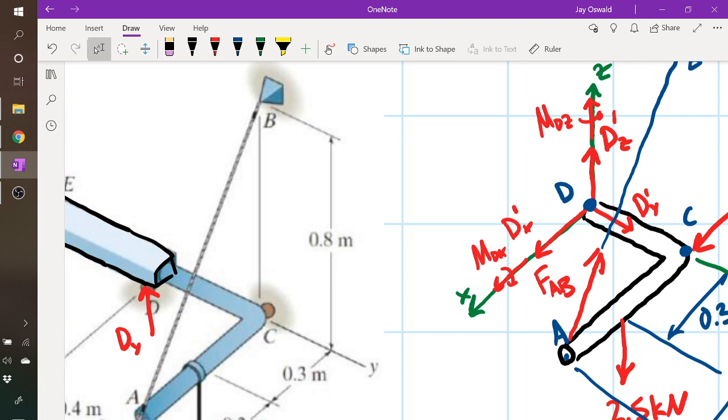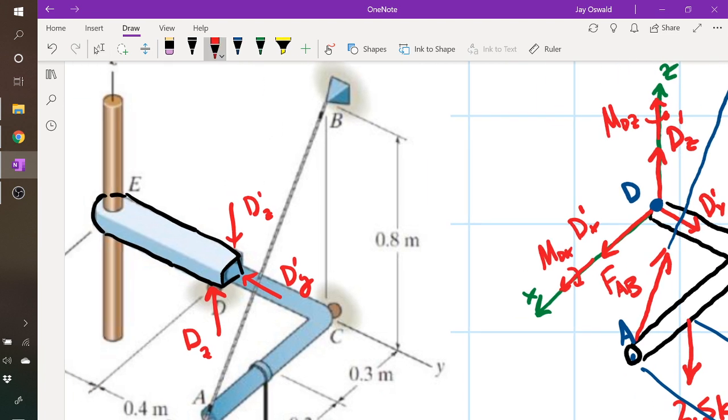So the way to do that is I just copy, right? So I'm going to do a d prime y acting in the downward y direction. Yes, which this was also z. Thank you. I'm going to have a dy, this is 0, but d prime y. And I need an x, so I can do that one maybe going this way, d prime x.